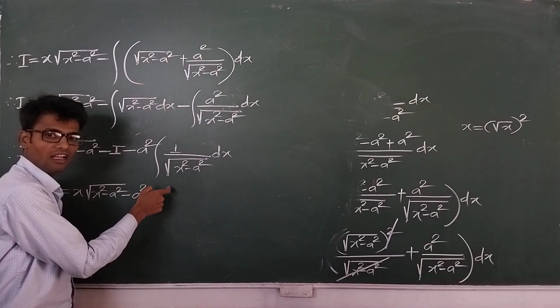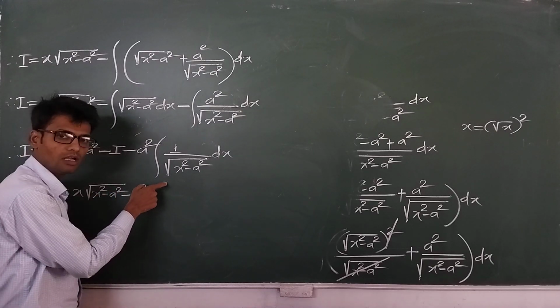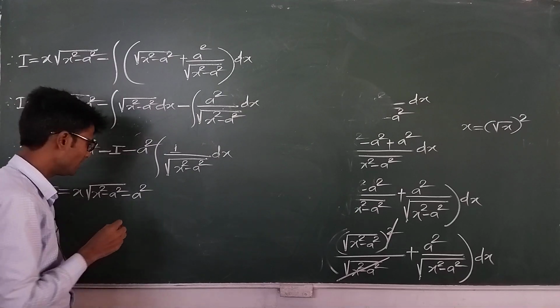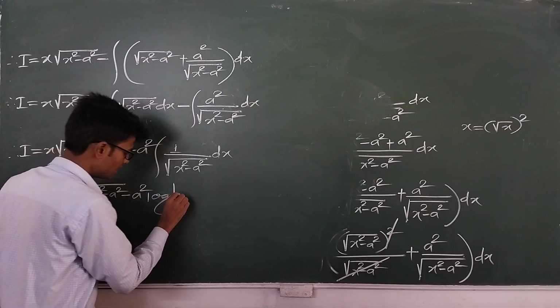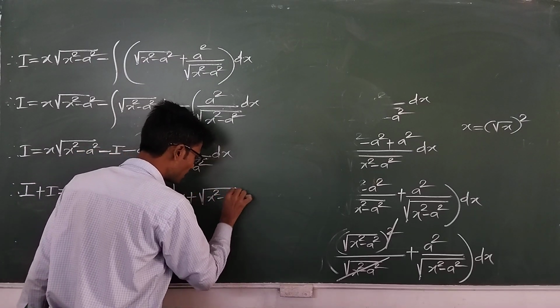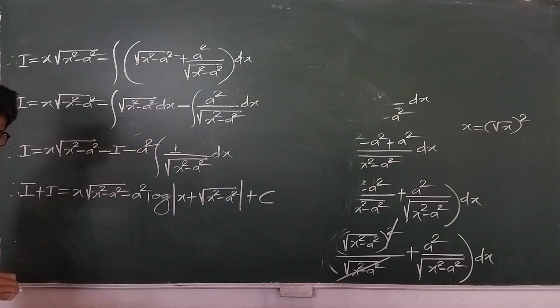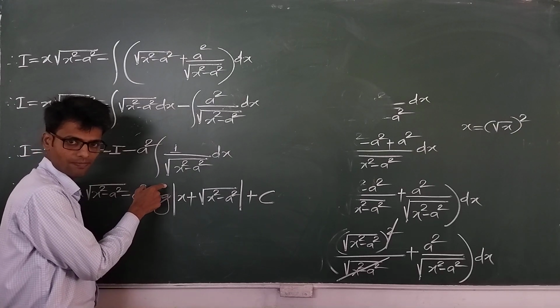You see the integrals of some particular functions and their values. Integration of 1 divided by square root of x square minus a square into dx is log mod of x plus square root of x square minus a square, mod complete, and after that you write plus c, right? So apply the formula of integrals of some particular functions, right?